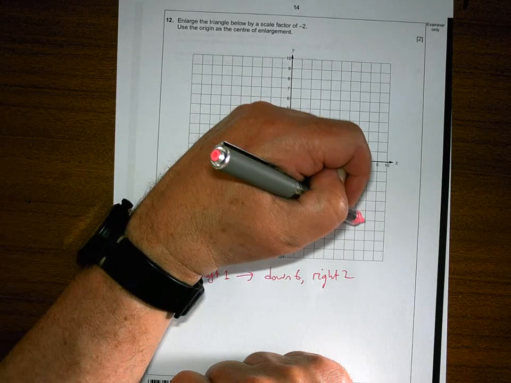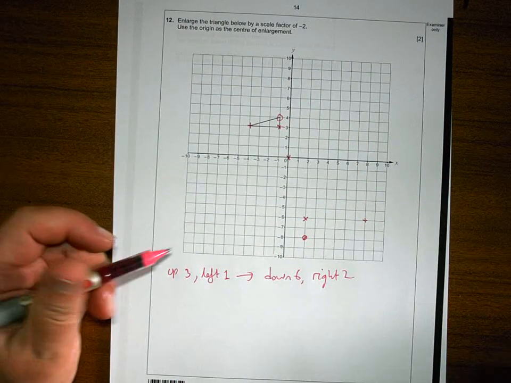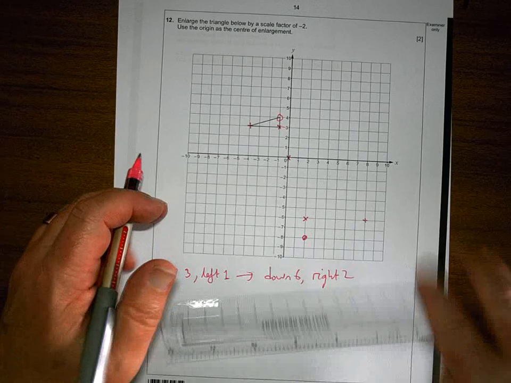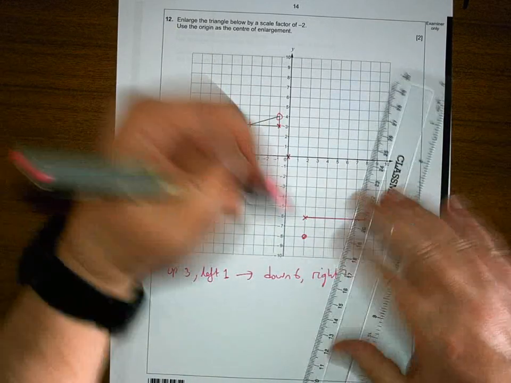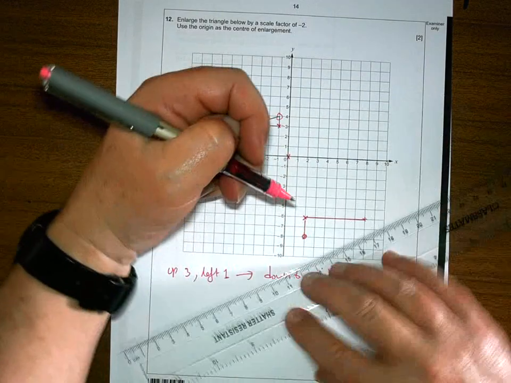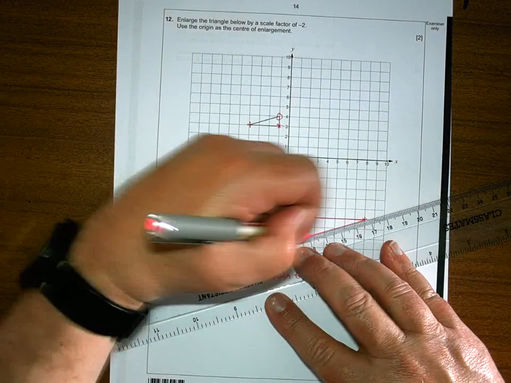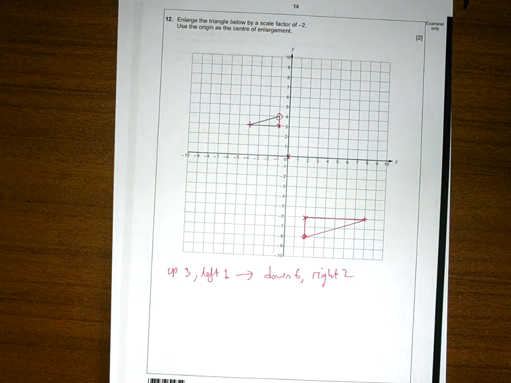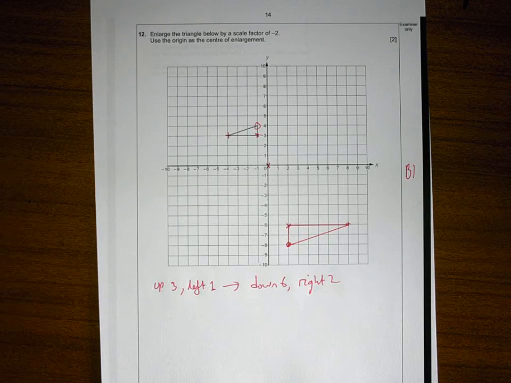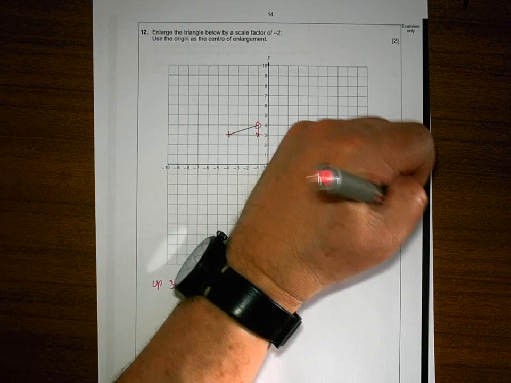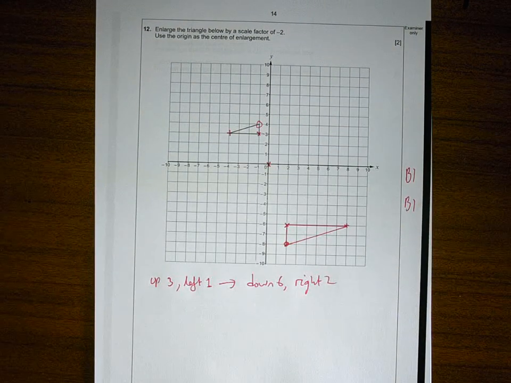So those are my 3 vertices, my 3 corners. That's my shape. So there'd be 1 mark there if you've enlarged the triangle with a scale factor of 2, and 1 mark if you've correctly used the negative scale factor.